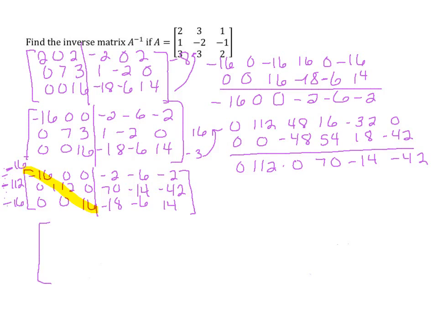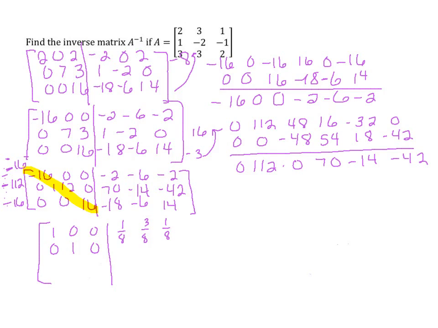So that will give me 1, 0, 0. Again, we're going to get fractions, so -2 divided by 16 is 1/8 reduced. -6 divided by -16 is a +3/8, and then another 1/8. So dividing by 112, 0, 1, 0.